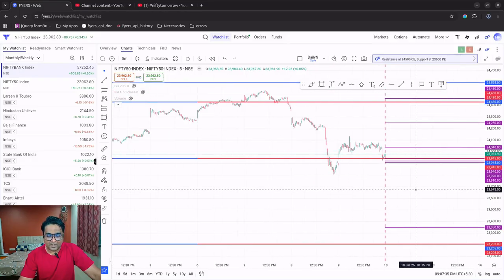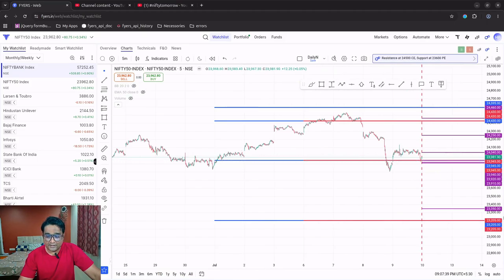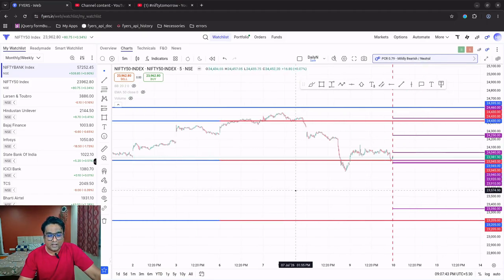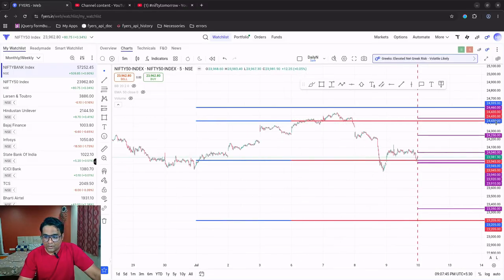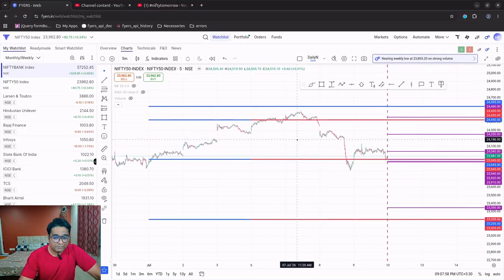Also, 23,940 is a monthly key level. So now you see 24,430, 23,945, and 23,205. These key levels are aligning with monthly key levels, for this week, because this is the first week.